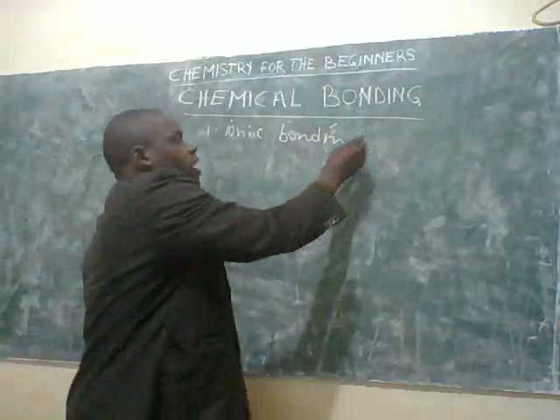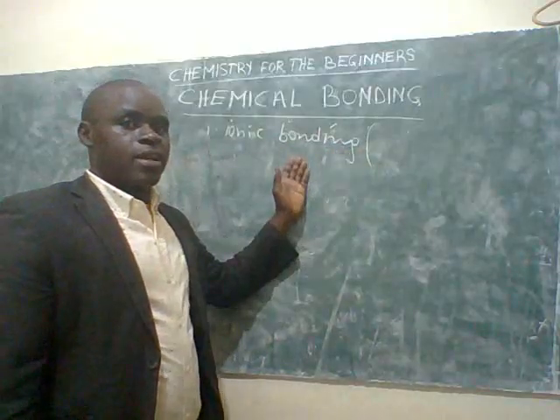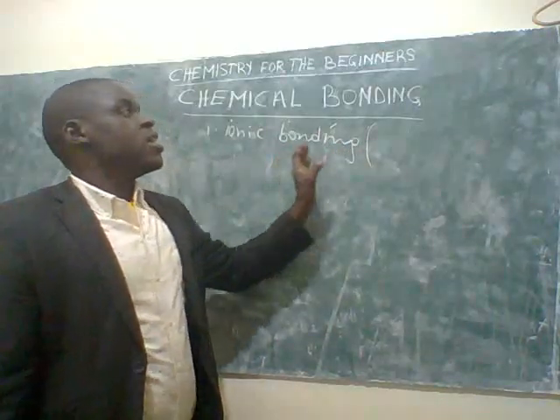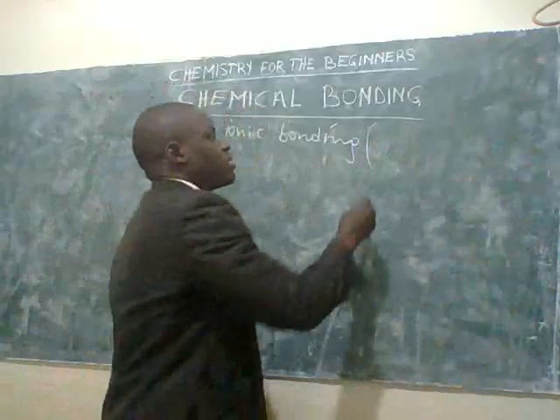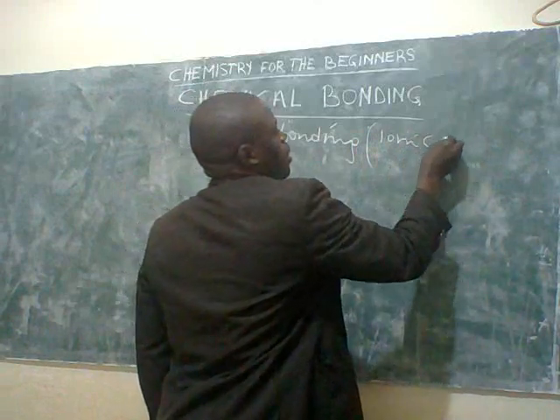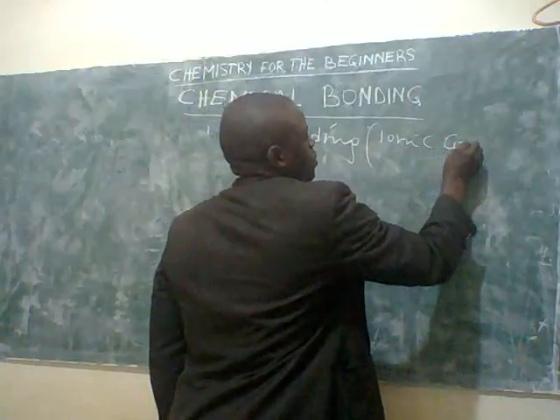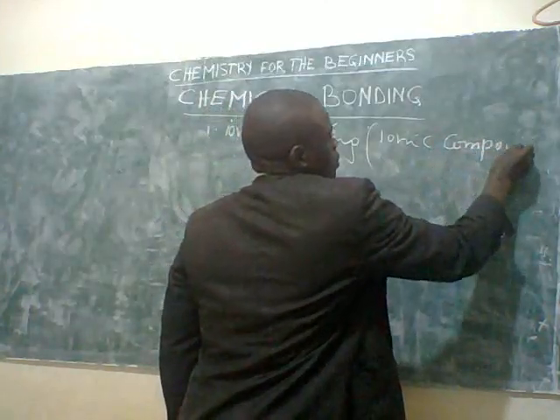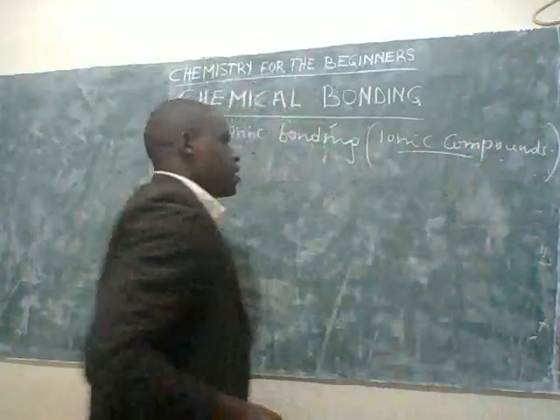Ionic bonding, I can tell you, in ionic bonding, they are the bonds in ionic compounds. They are found in ionic compounds like this.